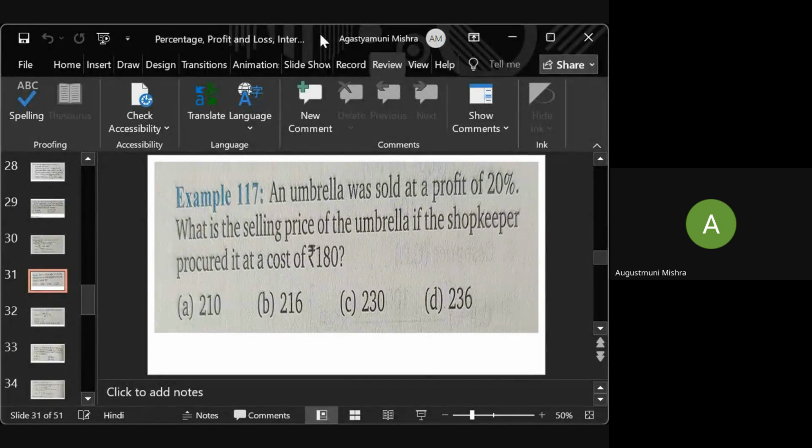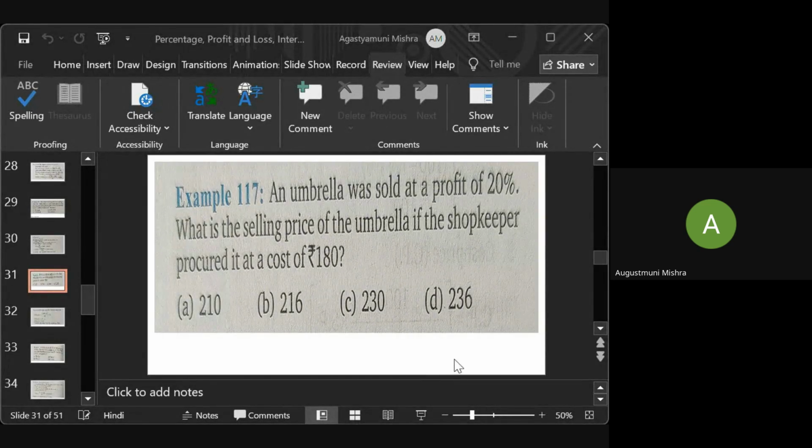You can start solving it. Okay, one participant in, okay, two of them are saying B, okay.